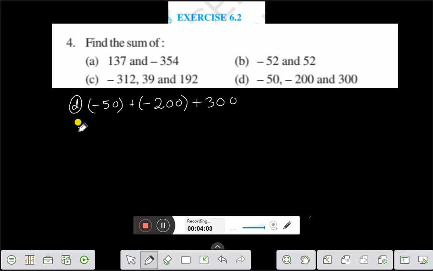Then we are getting minus 50, plus into minus is minus, minus 200 plus 300. Now you see these both have the same sign, that is minus, it is also minus, that is 200 plus 50 is equal to minus 250. Because it has the same sign, we add the numbers.